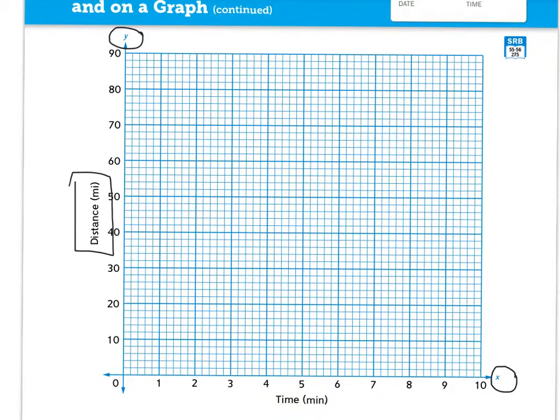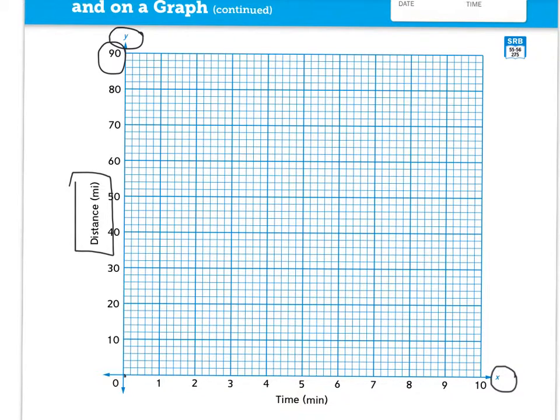So what else do you notice about the numbers? Okay, in the minutes down here, it only goes to 10, but all the way up here in miles, it's going to go to 90 at the highest. And just as a reminder, this 0, 0 point here is referred to as the origin whenever you have a number grid like this. Now, my last question for you is, can we use this grid to plot all of the ordered pairs for the traveling airplane?